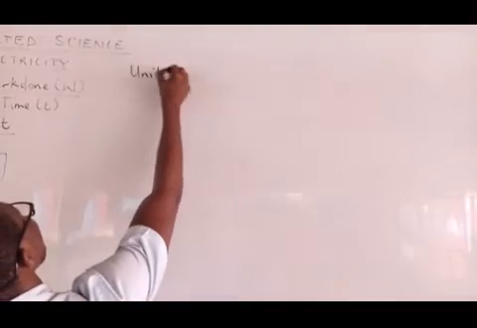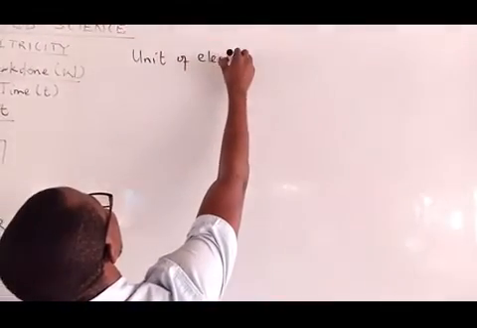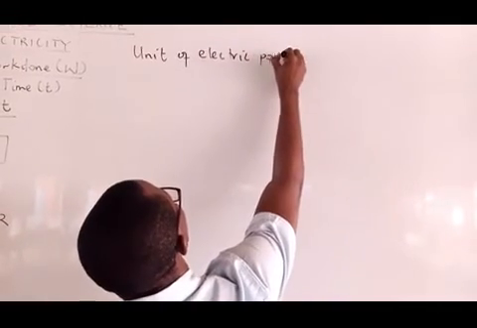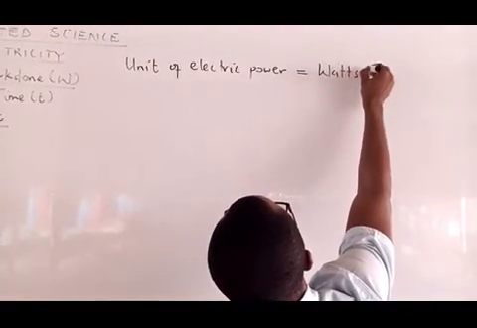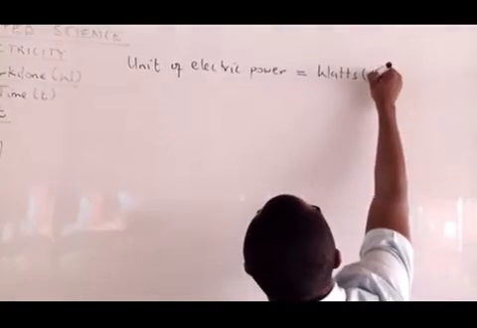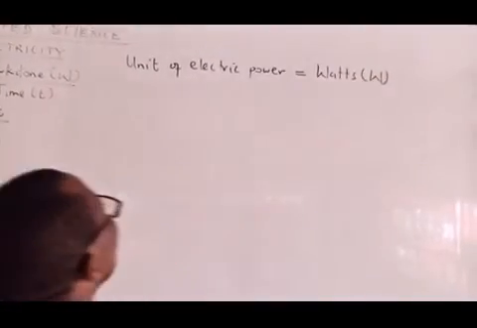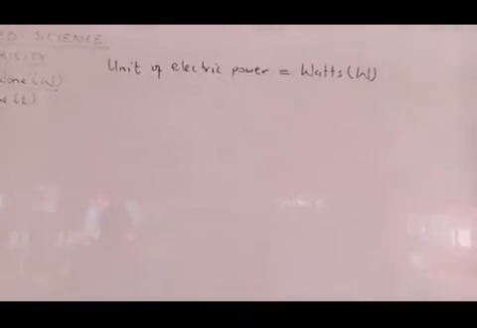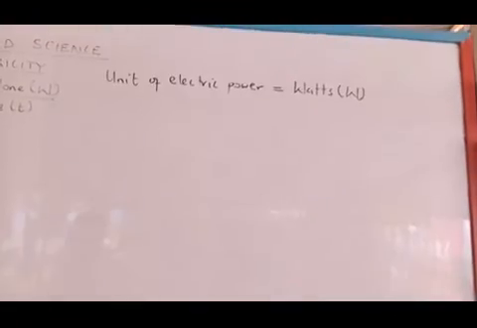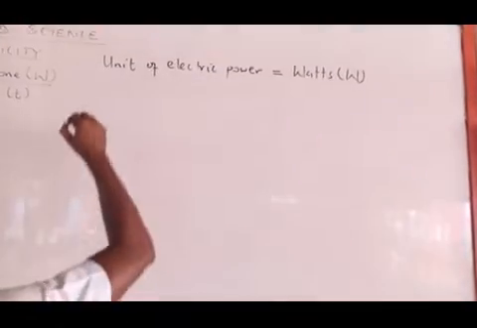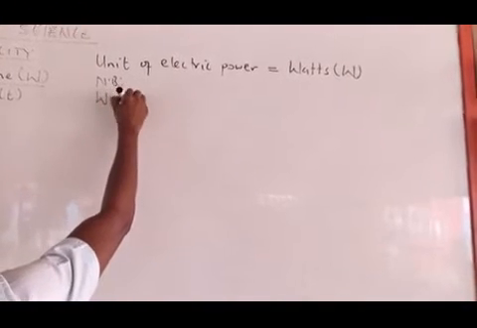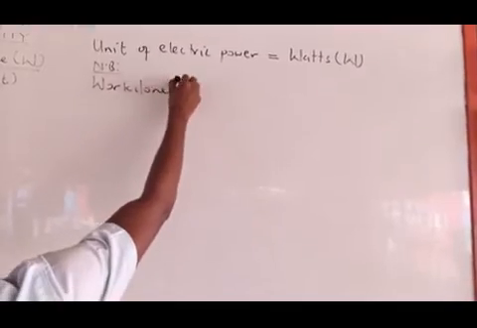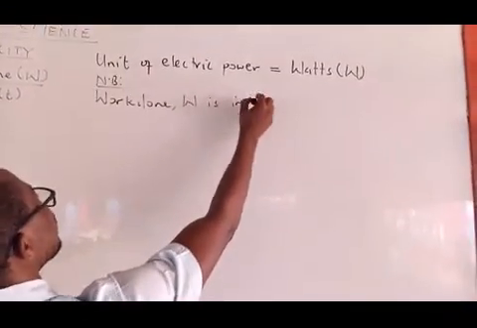Okay, so the unit of electric power is watts, represented as W. So that is the unit of power. The work done W is in joules.